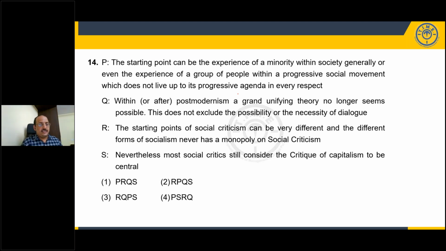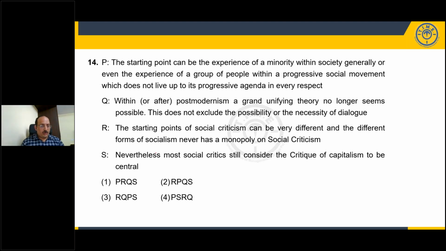The starting points of social criticism can be very different, and the different forms of socialism never have a monopoly on social criticism. Nevertheless, most social critics still consider the critique of capitalism to be central.